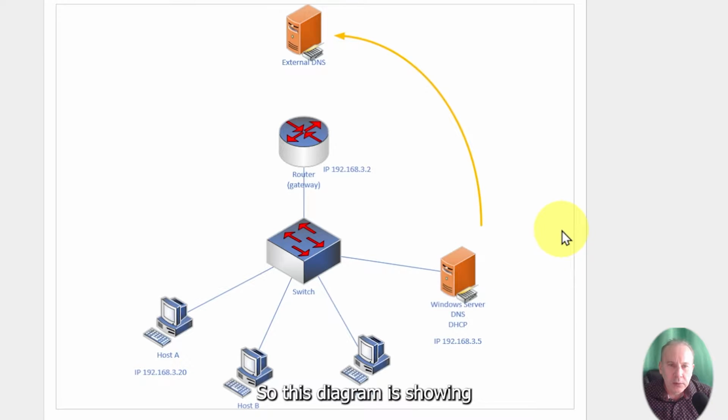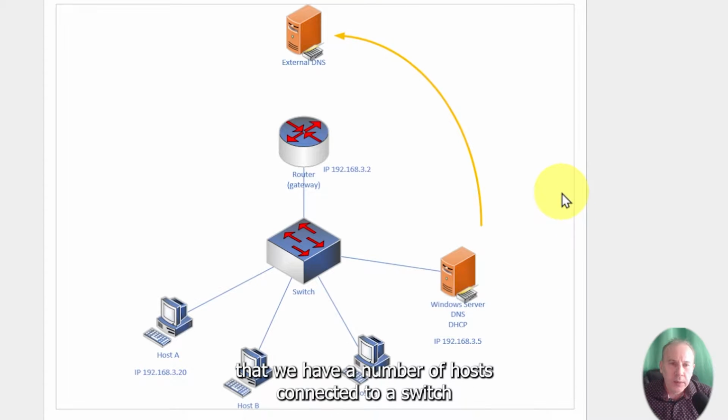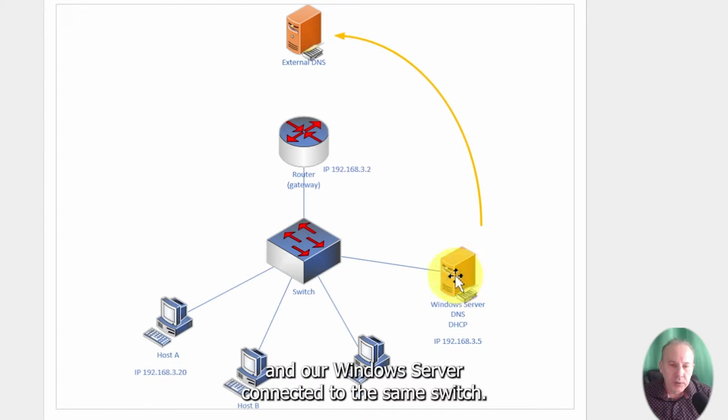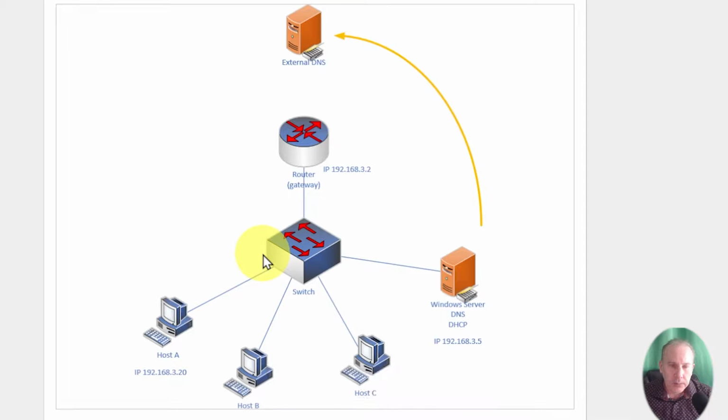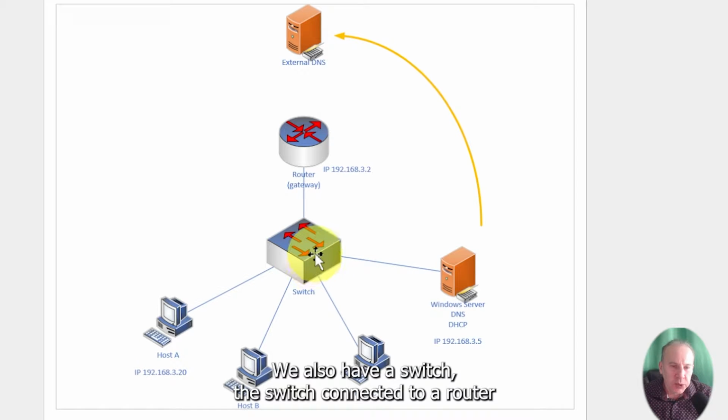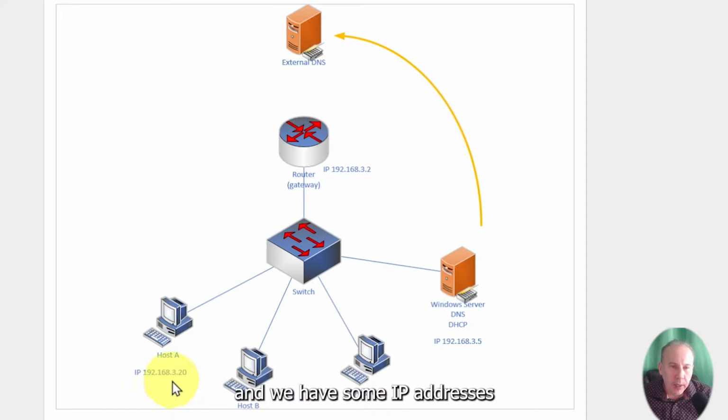So this diagram is showing that we have a number of hosts connected to a switch and our Windows Server connected to the same switch. We also have the switch connected to a router, and we have some IP addresses indicated in the drawing.